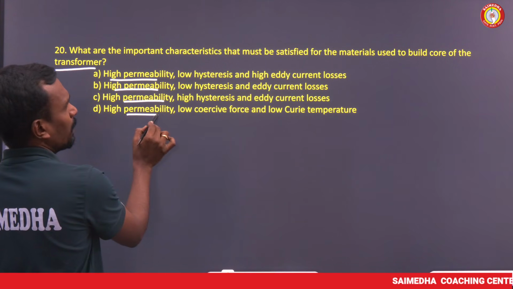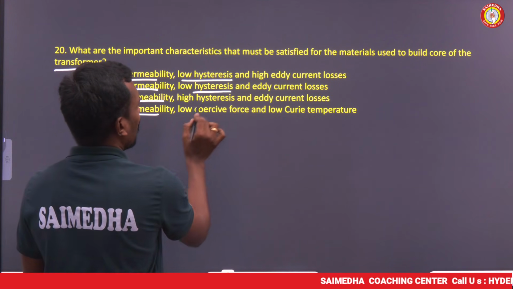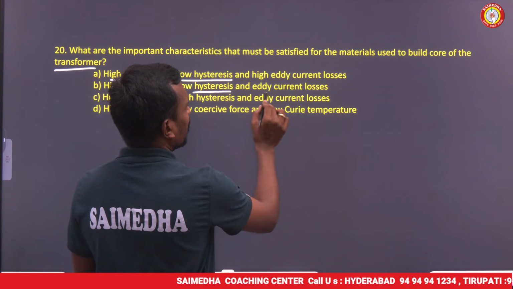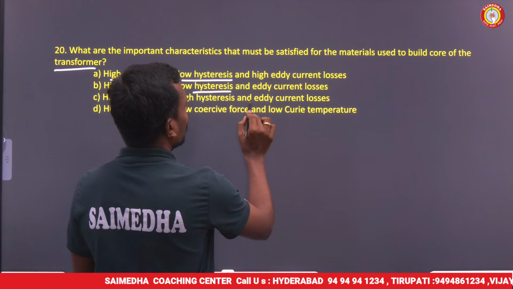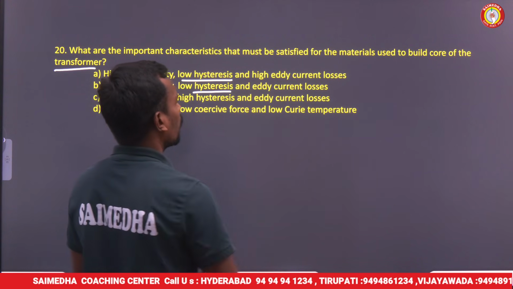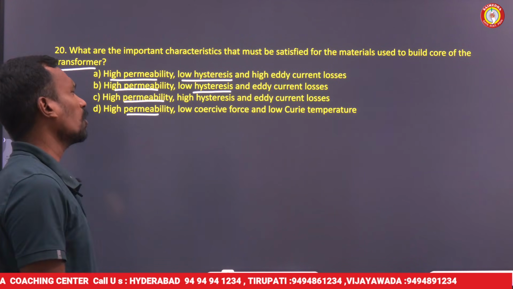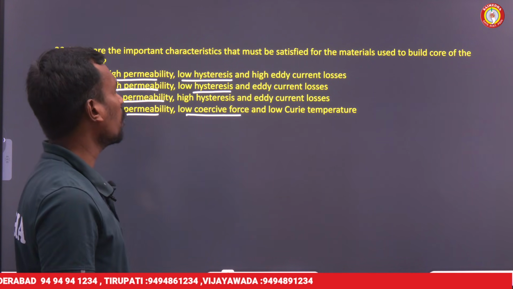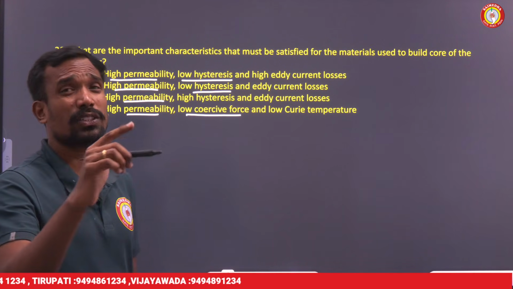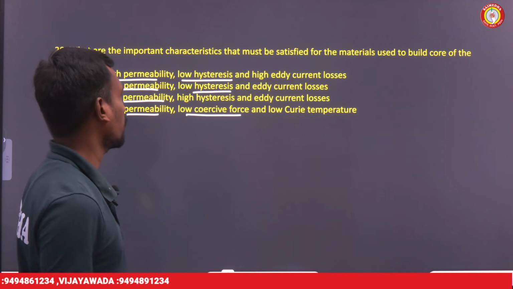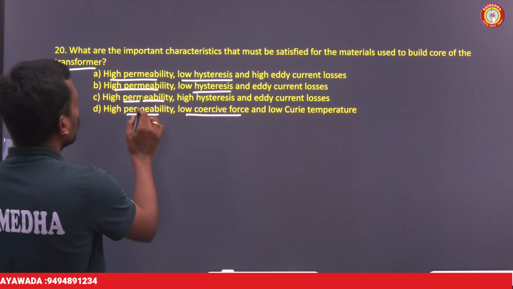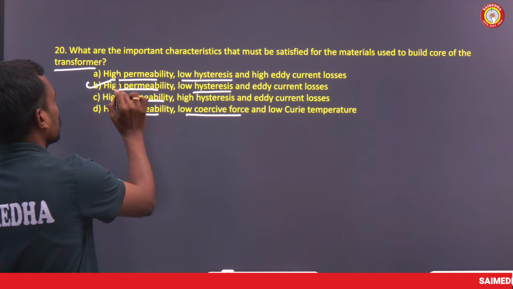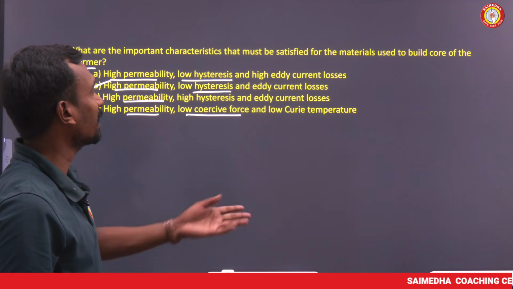It should have high permeability, low hysteresis loss, low coercive force of course, and a high Curie temperature. The Curie temperature should be high. It should not be low. So the answer will be high permeability, low hysteresis loss and eddy current loss.